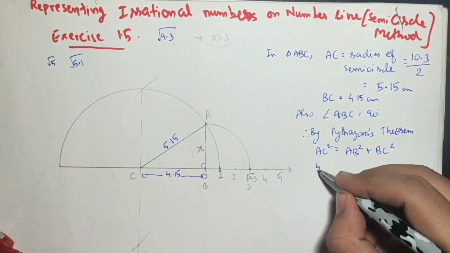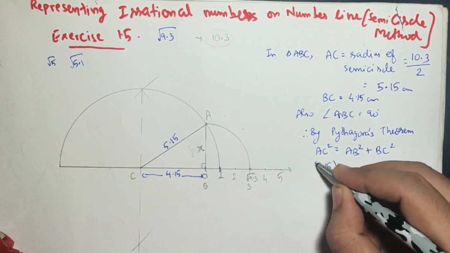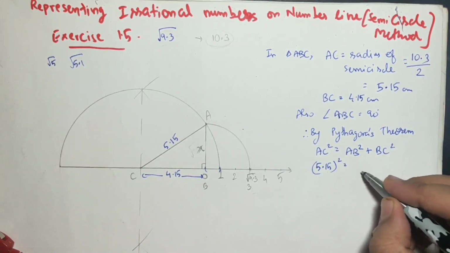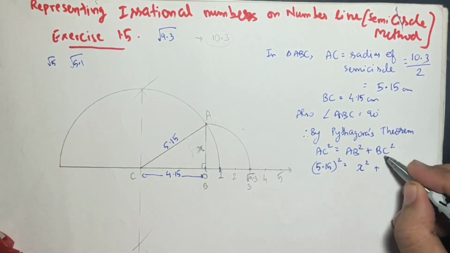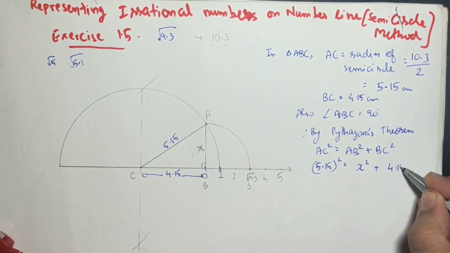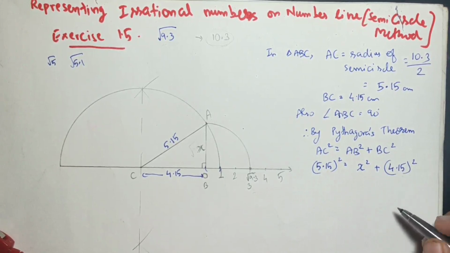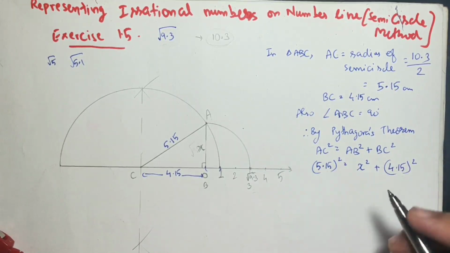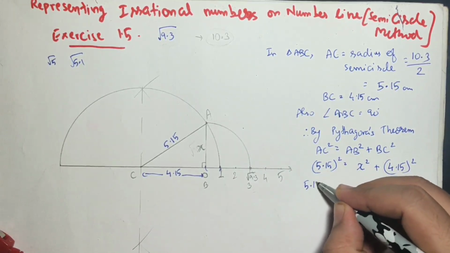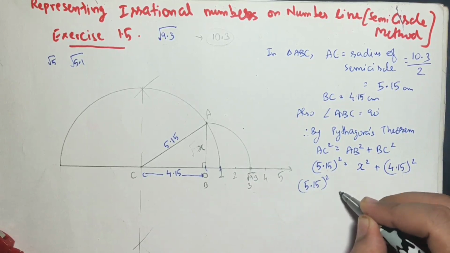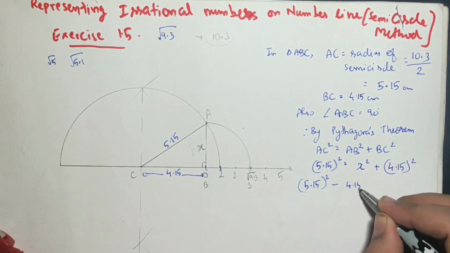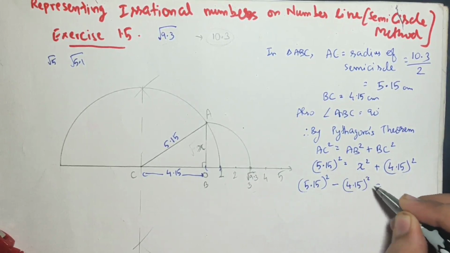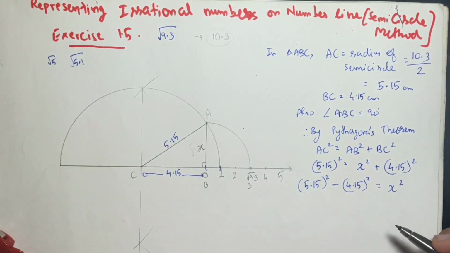Now this AC is 5.15 whole square. This AB is x square and BC is 4.15 whole square. I'm not squaring this; I'm just taking 4.15 square to the left hand side. So 5.15 whole square minus 4.15 whole square will be equal to x square.